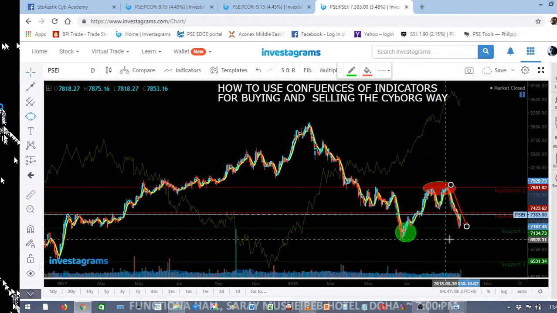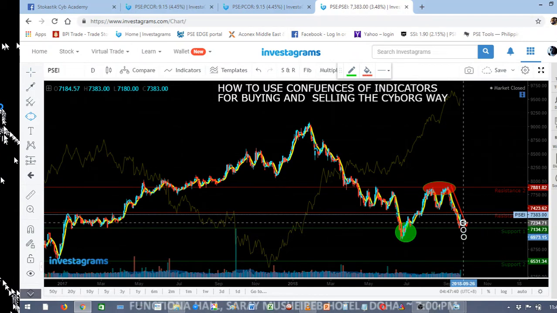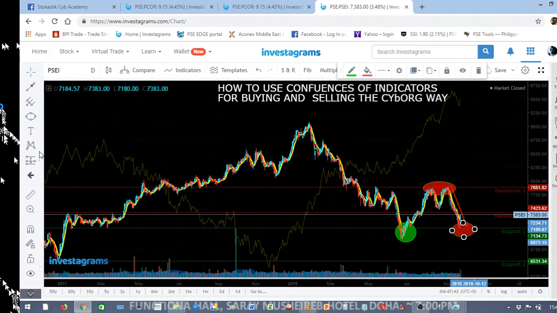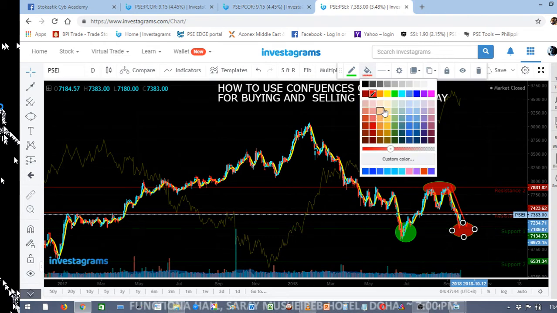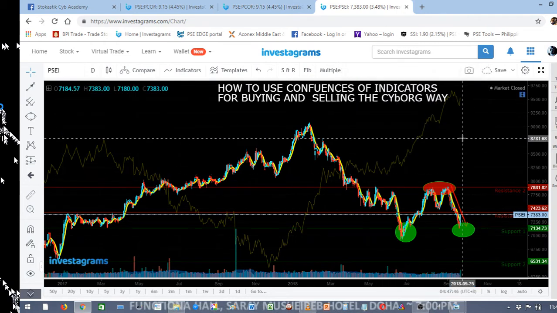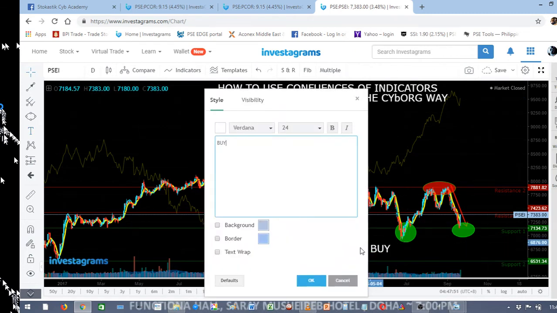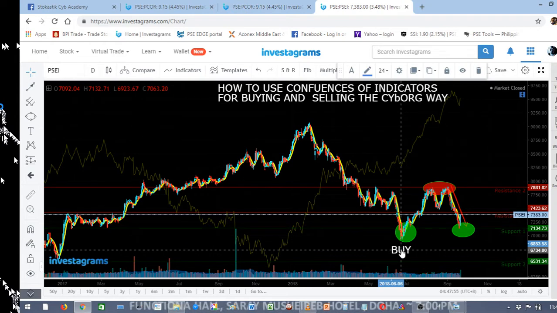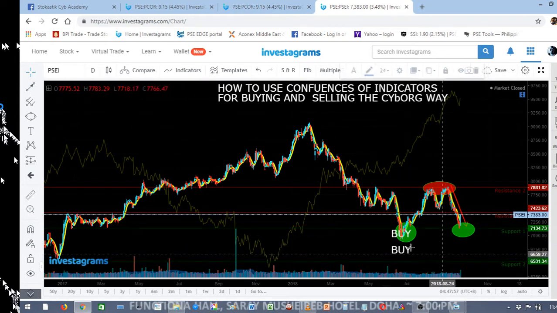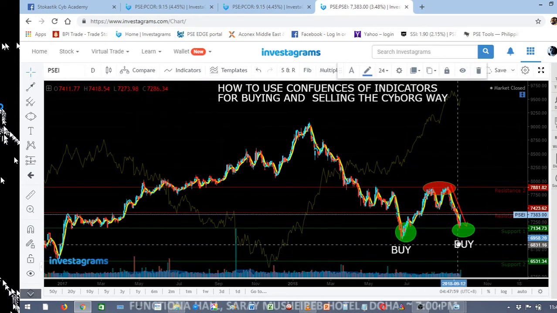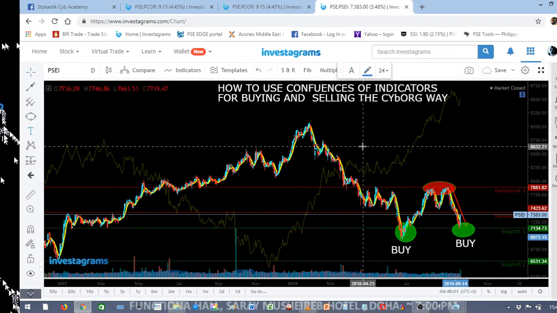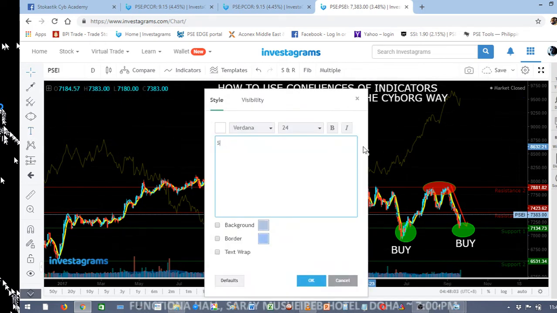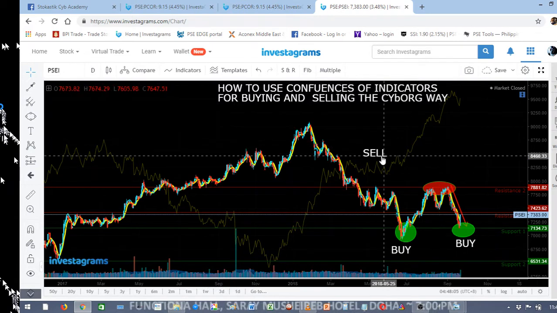In level 1, this now becomes again your level of support. So this is your buy entry again, on this area as well as on this area, and this is your sell entry on the resistance level.